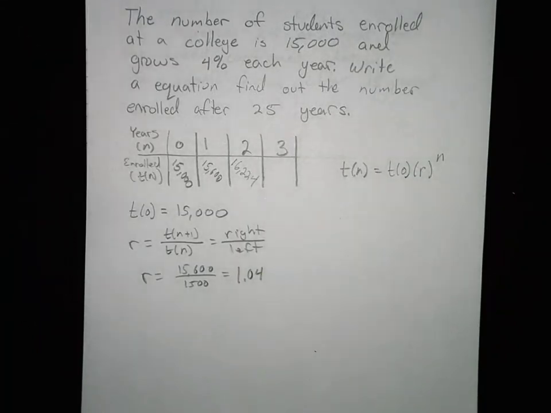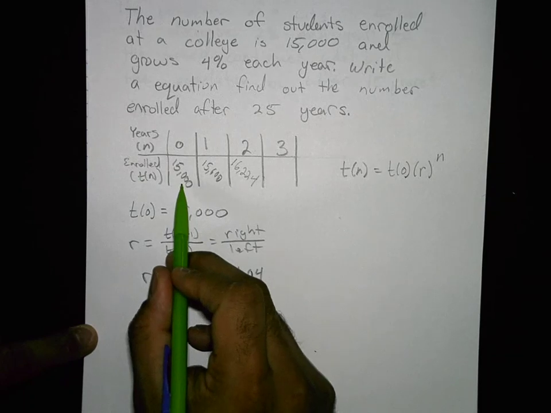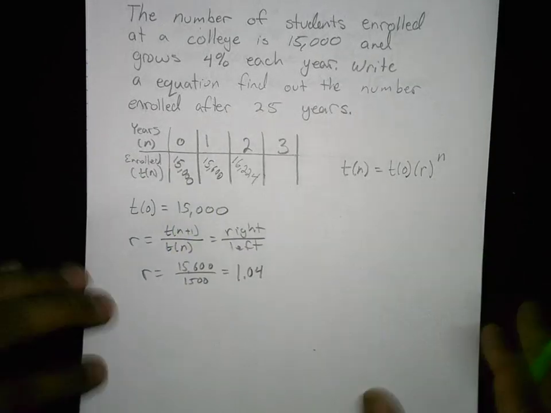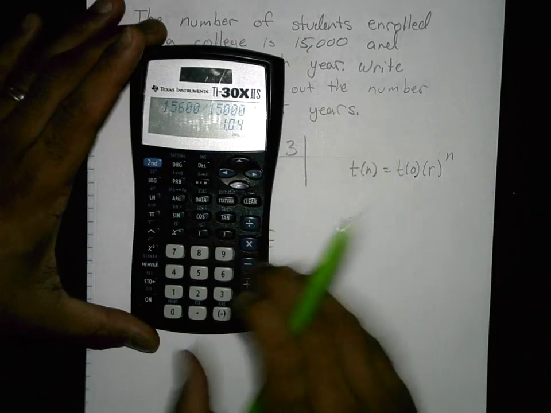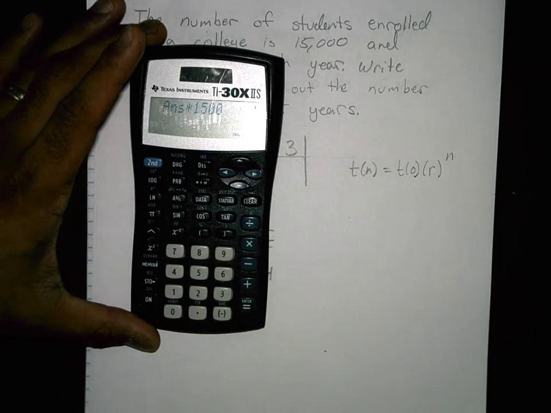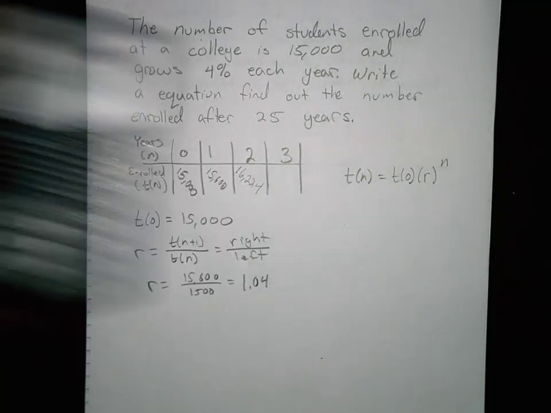So what does that tell me? This tells me what I need to multiply this number by to find the next one. When we did it originally, we did it the long way. So let's just test it. I'm going to multiply this times 15,000, and it better equal after 1 year. And oh yeah, it worked, 15,600.